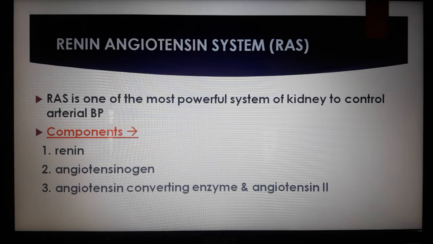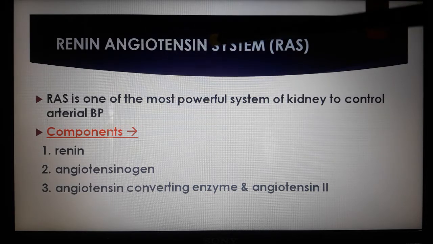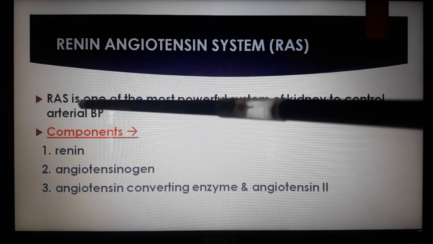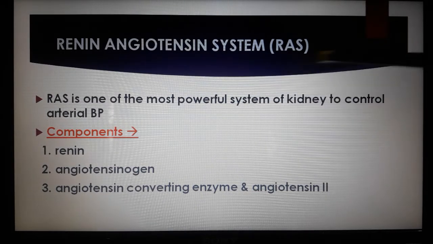Now I will come to the renin-angiotensin system. It is a very important system. You have to remember it throughout life, and it is very much required in each professional exam. RAS, the renin-angiotensin system, is the most powerful system of the kidney to control arterial BP.